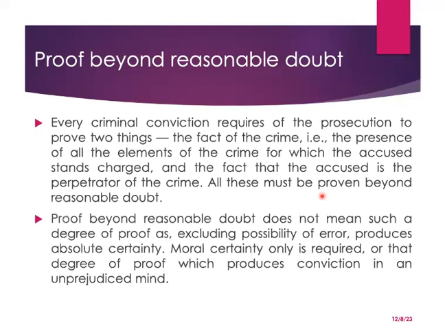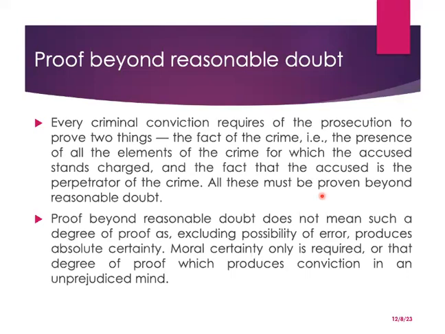Okay? Proof beyond reasonable doubt does not mean such a degree of proof as excluding possibility of error produces absolute certainty. Moral certainty only is required, or that degree of proof that produces conviction in an unprejudiced mind. Okay? So that is the understanding of proof beyond reasonable doubt.